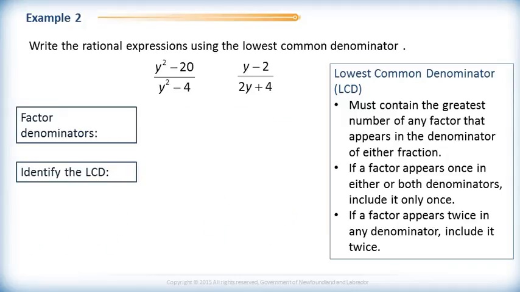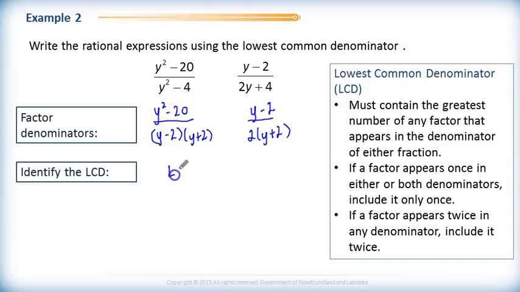Now this next one involves a bit of factoring. We factor both denominators because they are binomials in this case, and the first one's a difference of squares, so we have y minus 2, y plus 2. The second one has a common factor of 2, so we have 2 outside of y plus 2.